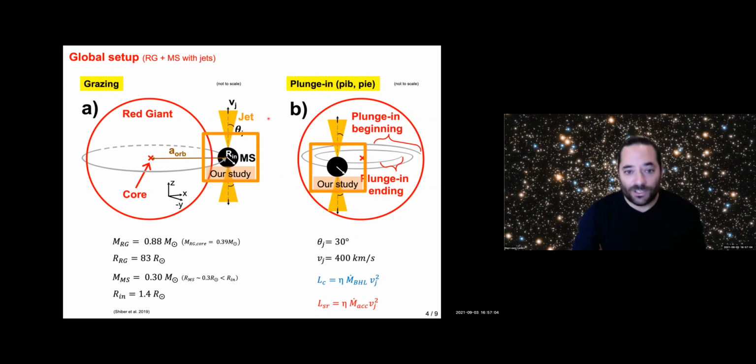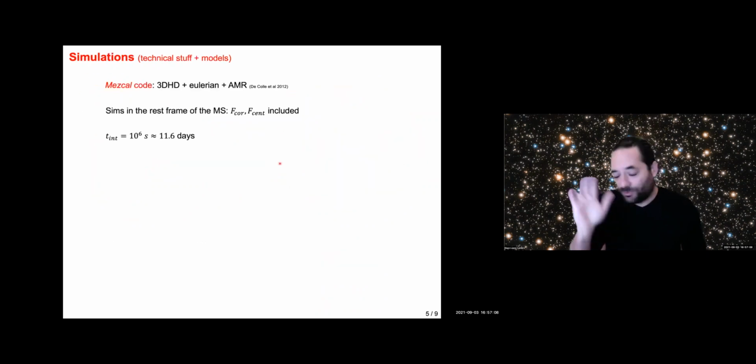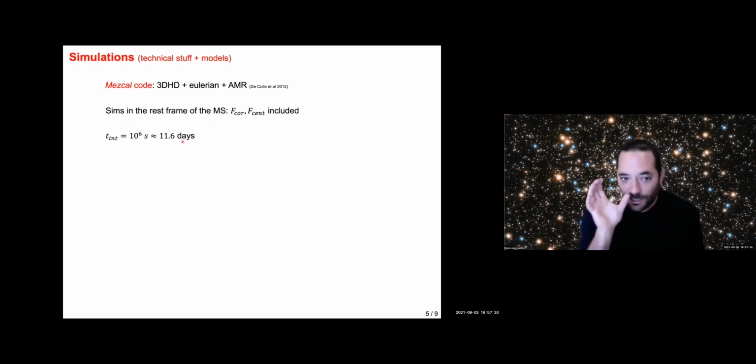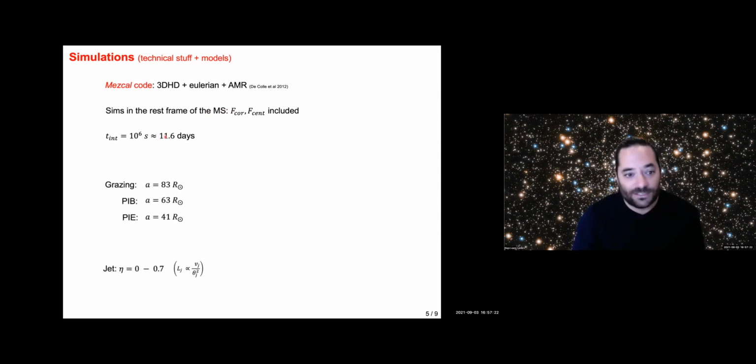Okay, and we're going to study this small-scale part. Technical details: we use Fabio's 3D hydrodynamic Eulerian code. The simulations are performed in the rest frame of the main sequence star. In each of these three stages that we analyzed, we follow about 11 days.